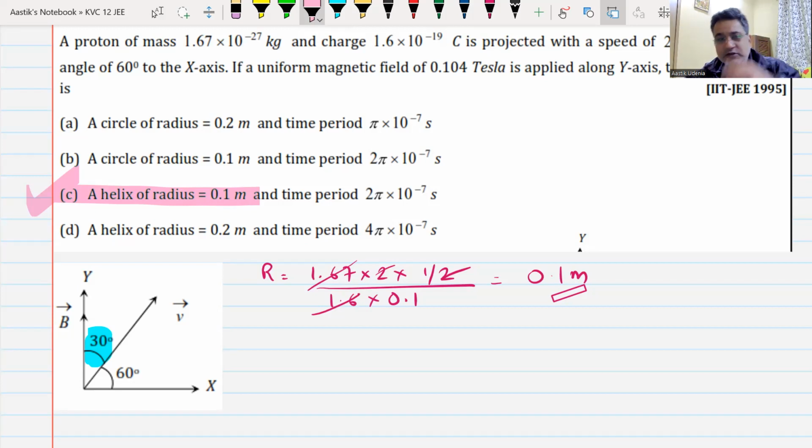It can be a combination of electric as well as magnetic field. How will you find out the motion of the particle? In that case comes the last character in this section, the Lorentz force.